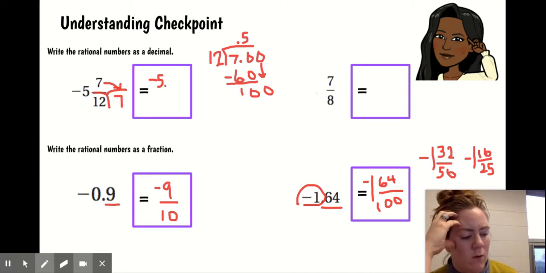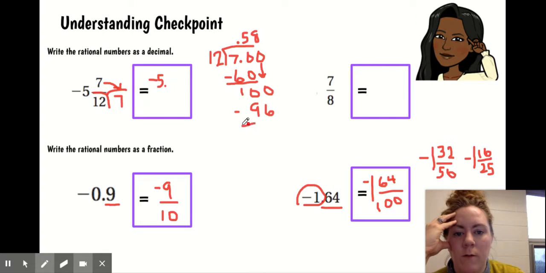So let's see. 12 times 7 is 84. I have to remember these off the top of my head. 12 times 8 then was 96. There we go. That fits nicer. 12 times 8 is 96.